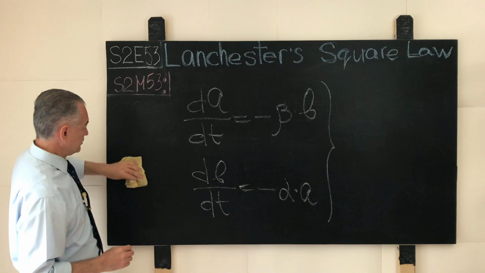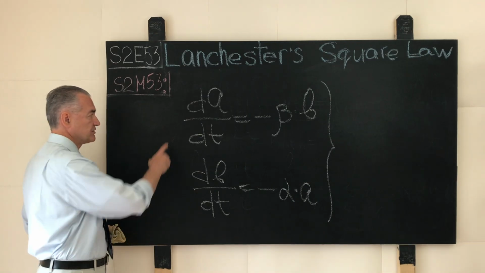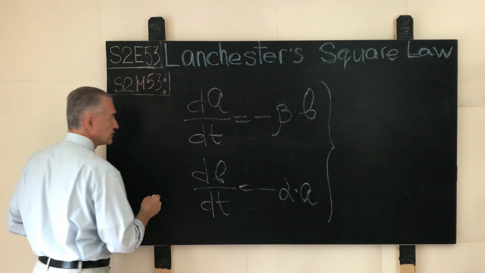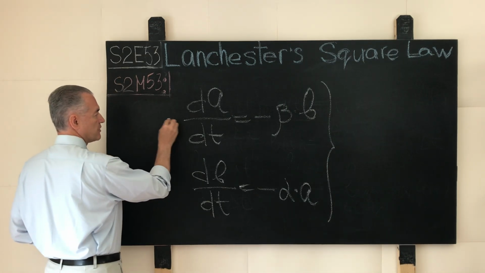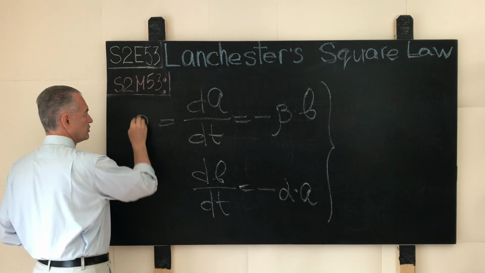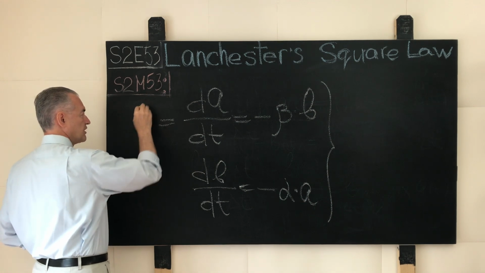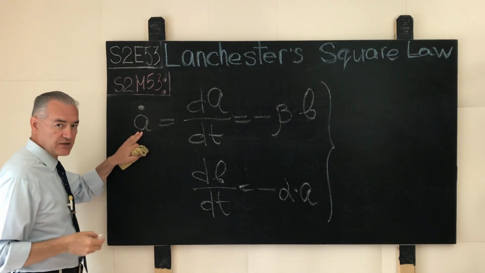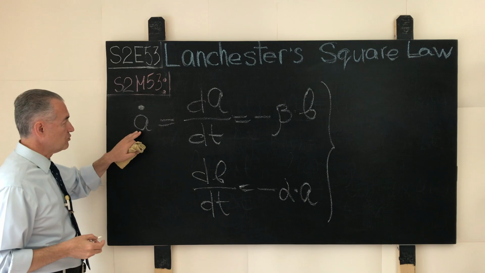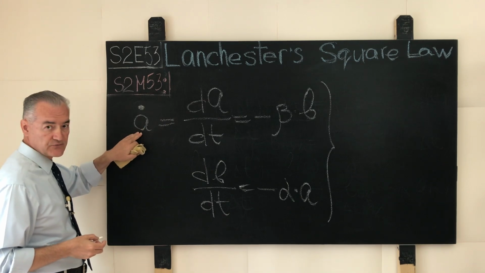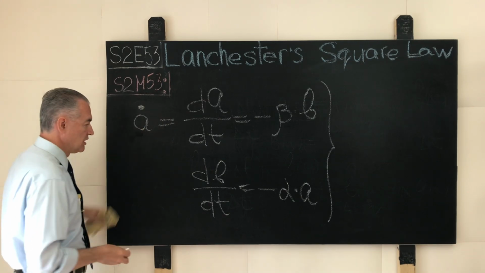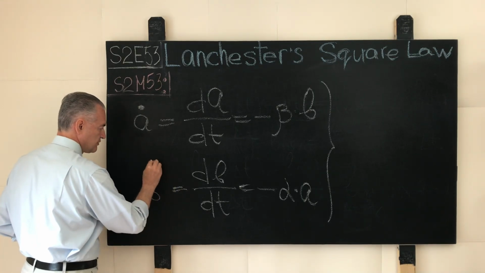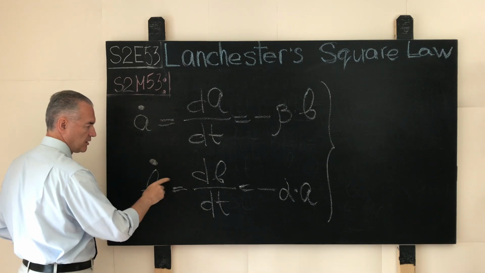And for the sake of the upcoming computations, I will be often doing what we do in theoretical physics. I will borrow the notation from theoretical physics, where we put a dot on top of the symbol to designate that, usually in physics, many things vary over time. So a dot is the first derivative of this given function over time. Likewise, this will be the first derivative of the function b with a dot on top.